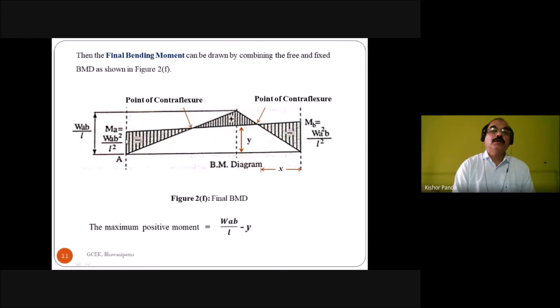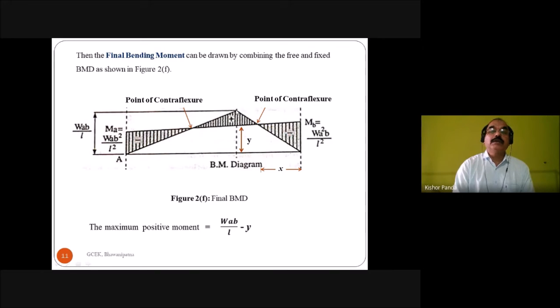So here you got MA is equal to WAB square by L square, and MB is equal to WA square B by L square. Also, you know the total free BM is WAB by L. But after deducting this portion, here this portion is the maximum positive moment. How do you find out this maximum positive moment? This is important here.